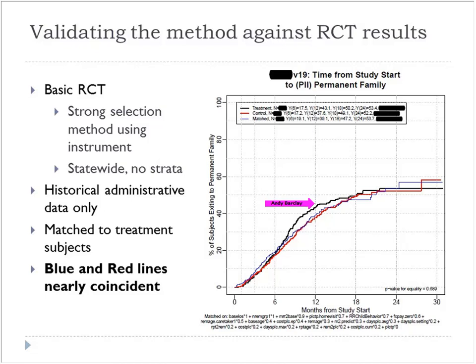So those are the children in the randomized trial that did not receive the intervention, and you see they're at a lower level at 12 months. And the blue line is a matched group. And you see it deviates in a couple of places, but generally the blue line is pretty well coincident with the red line, which is what we want. So that's using the matching that I'm describing, purely from administrative data.